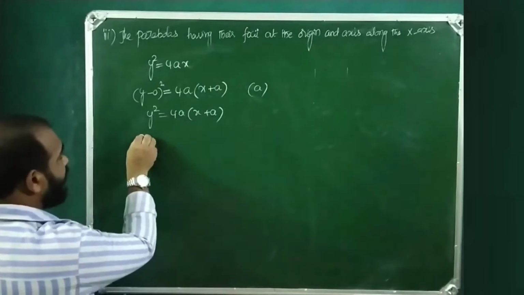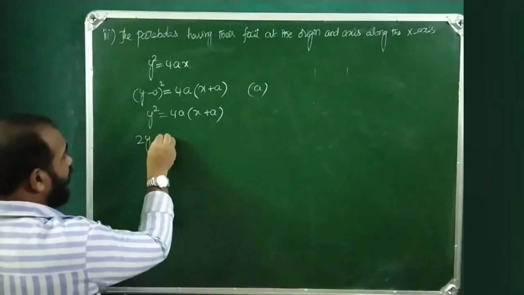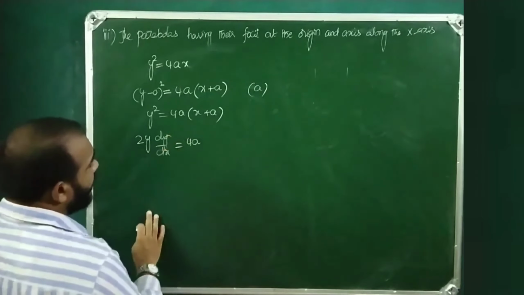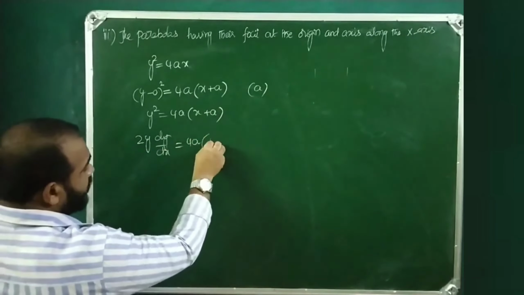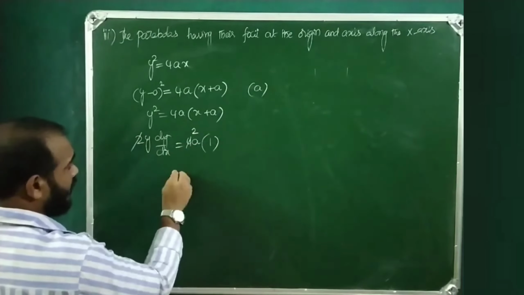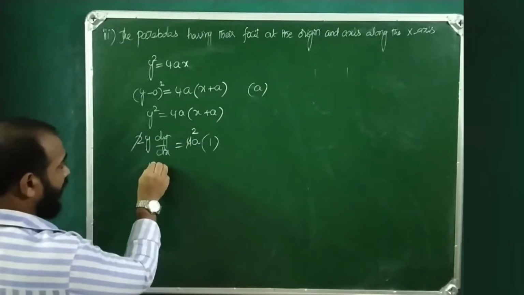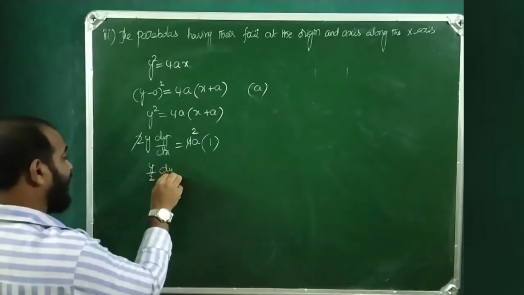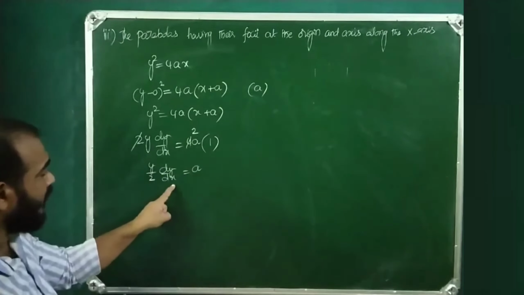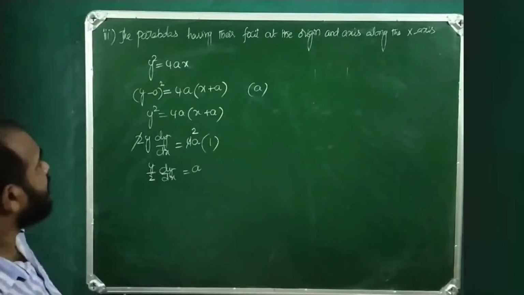So the derivative of y square is 2y dy by dx equals 4a into 1. So y by 2 dy by dx equals a.